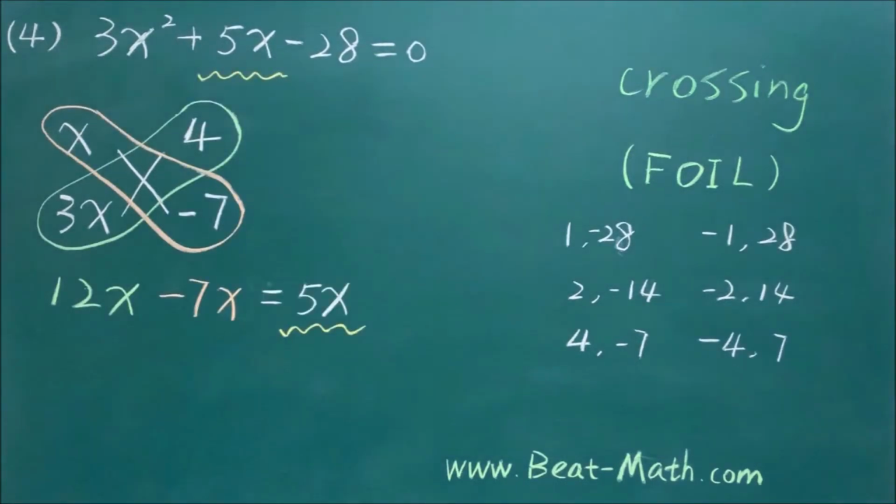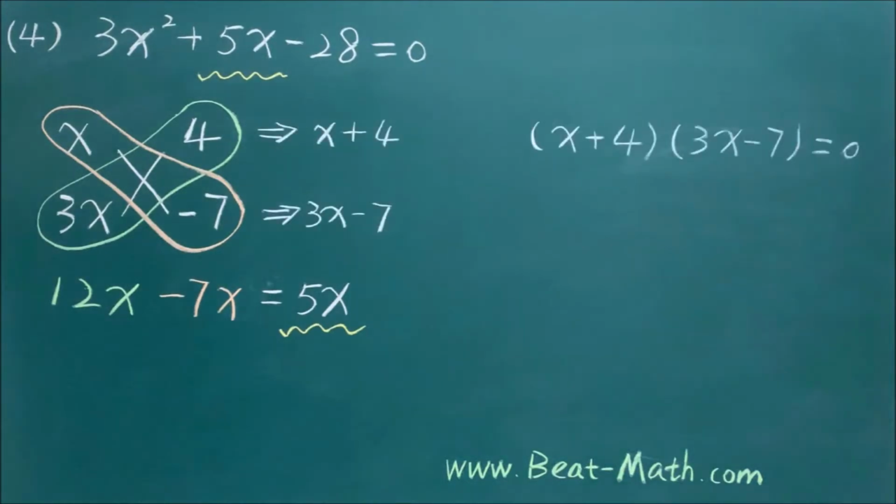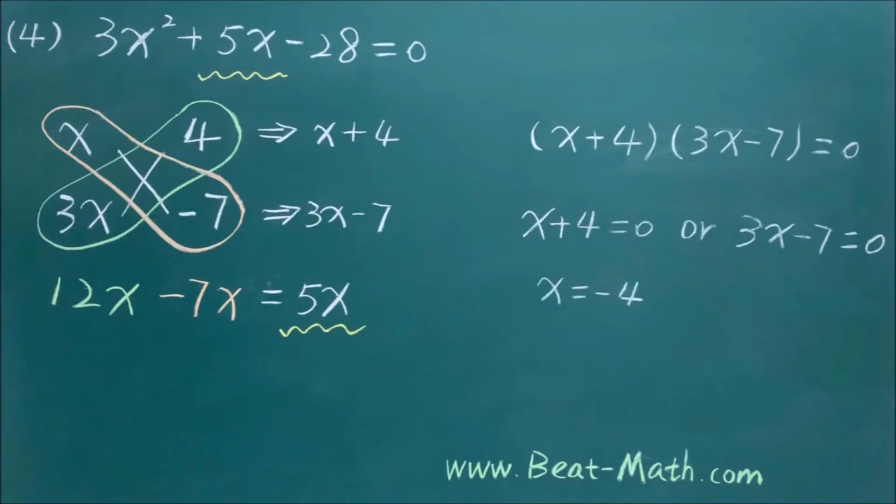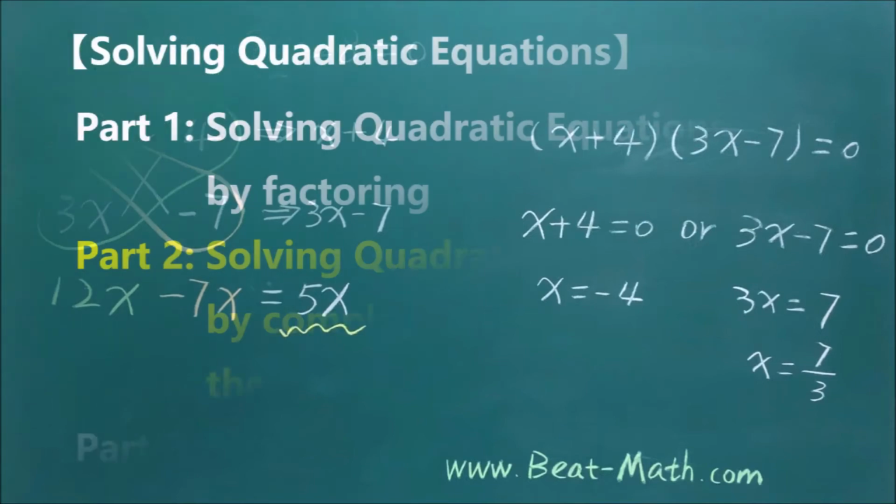So the equation can be factored into (x plus 4) times (3x minus 7) equals 0. When x plus 4 equals 0 or 3x minus 7 equals 0, the equation equals 0. Solving these two simple linear equations will get the two roots, x equals negative 4 or x equals 7 over 3.